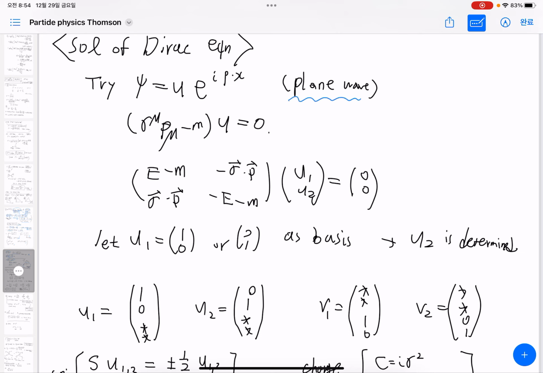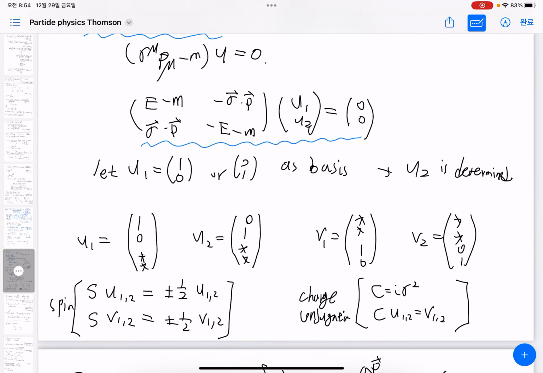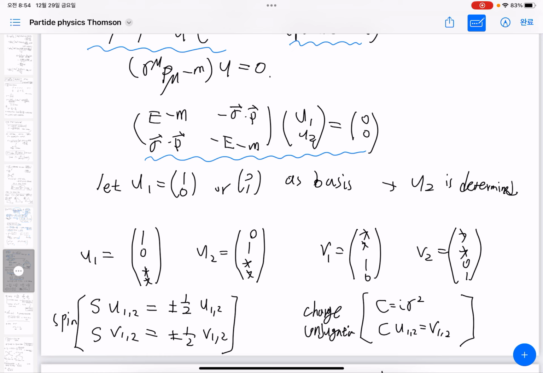So if we try such a solution, then the Dirac equation is reduced to a two-component spinor. If we choose (1, 0) and (0, 1) as a basis, then the relation between the two-component spinor u1 and u2 is determined.